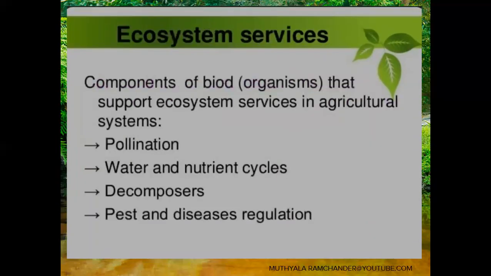The next one is ecosystem services. Ecosystem services mainly depend on biotic or living organisms that support ecosystem services in agriculture systems. These ecosystem services are done by living organisms, like pollination, water and nutrient cycles, decomposers, and pest and disease regulation. Biotic means living organisms.